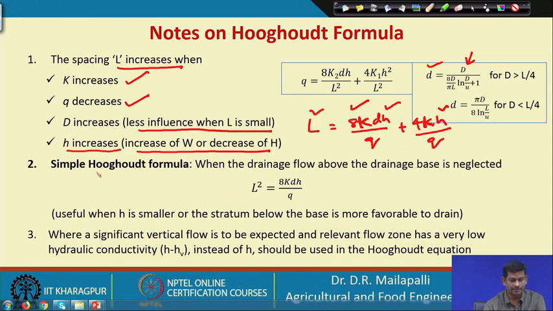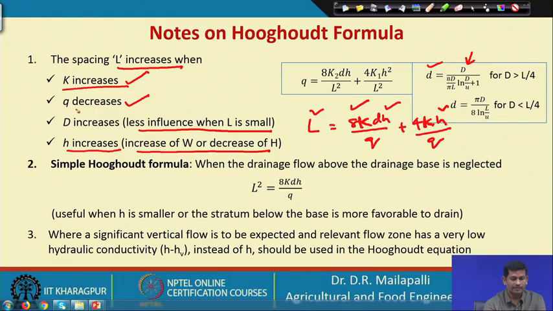So, what is the influence of this? What indication are you going to get? For example, if the soil is permeable, so it has high hydraulic conductivity, that means you can increase the lateral spacing in that case.